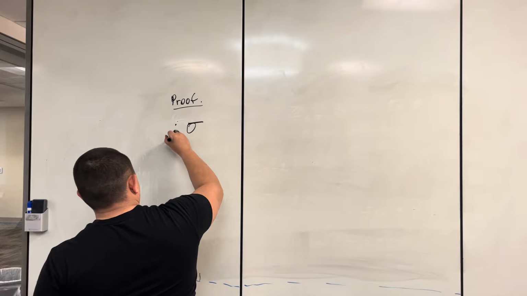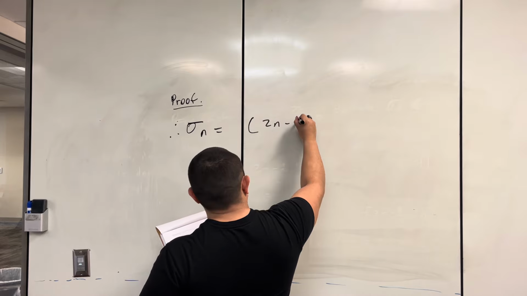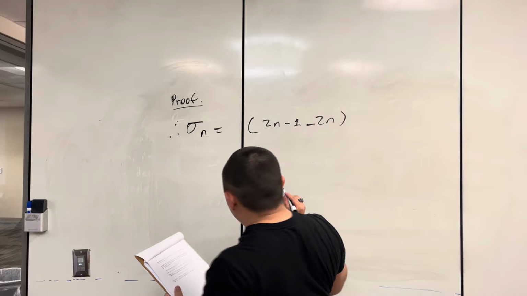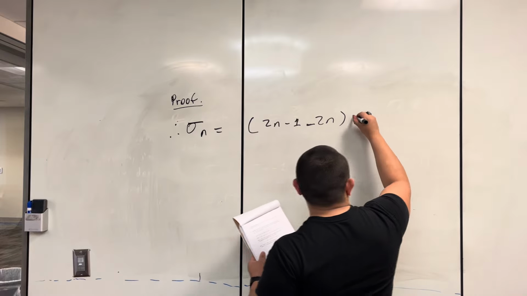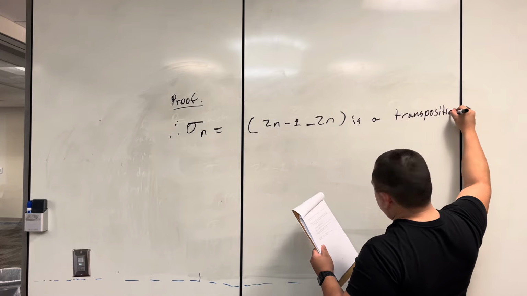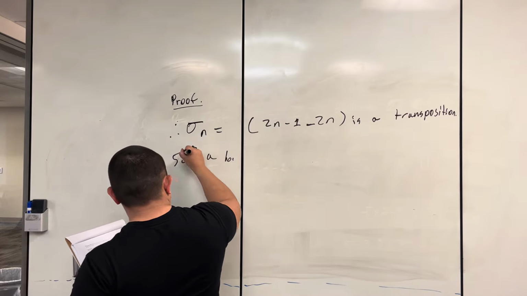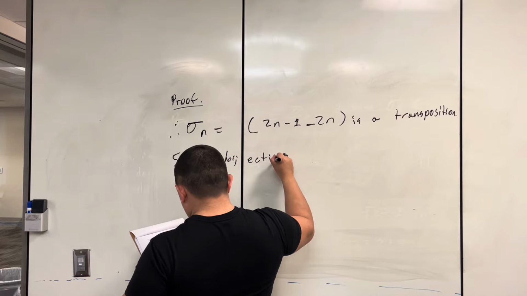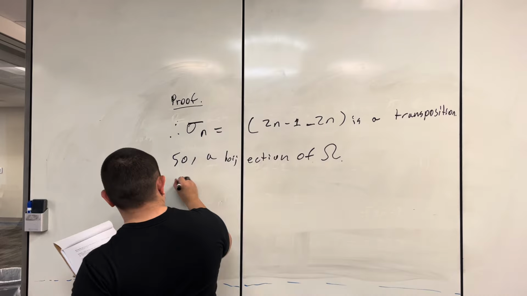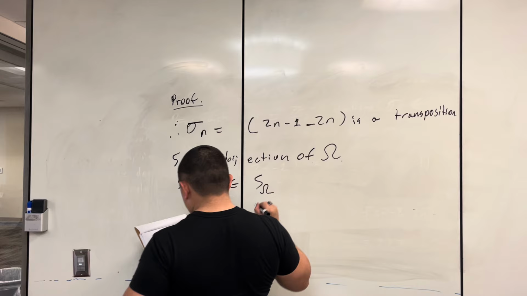Well, therefore, sigma sub n is equal to (2n minus 1, 2n), which is a transposition, and so a bijection of omega. So sigma sub n is within S sub omega.